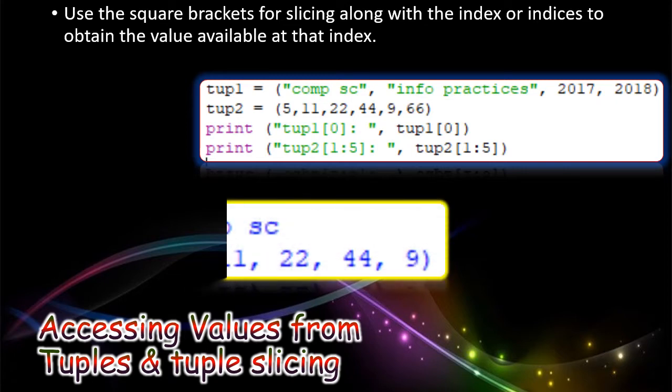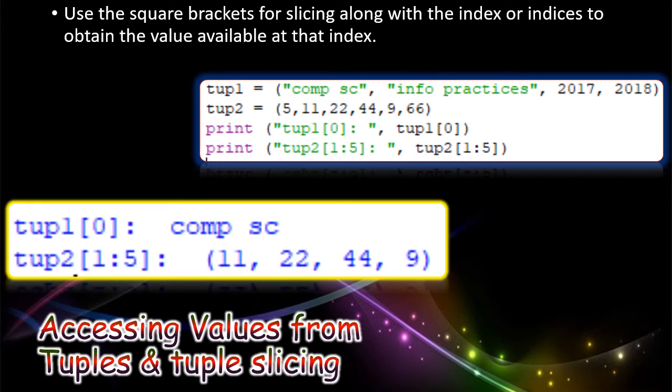First we are indexing tuple 1 of 0, so the 0th position letter onwards is printed. And tuple 2, starting from position 1 to 5, so the 1st to 4th position values will be taken from tuple 2. So slicing.